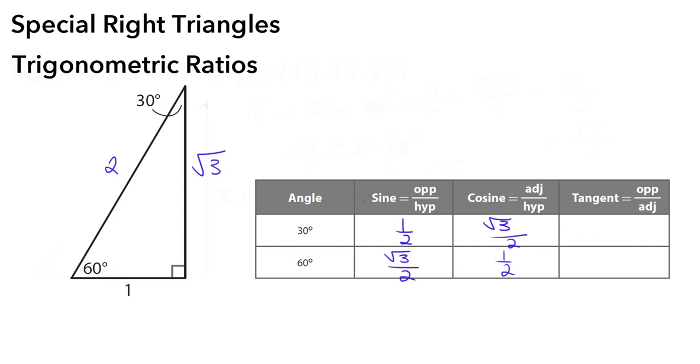So now let's take the tangent of the 30-degree angle. So tangent is opposite over adjacent. So opposite the 30-degree angle is the short side 1 over the long side radical 3. So that's 1 over radical 3. And so now this one needs to be fixed because the denominator cannot be a radical. So we're going to take care of that very easily by multiplying both parts of this fraction by radical 3.